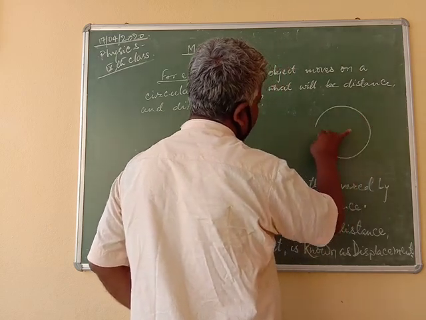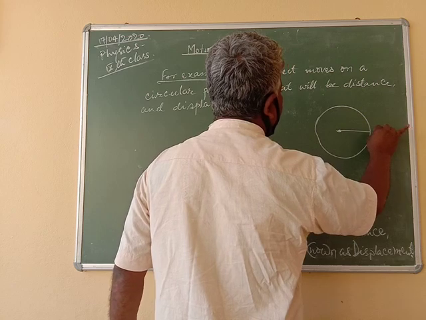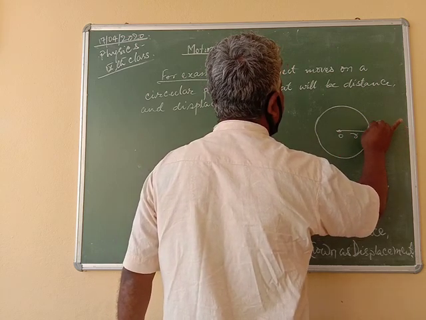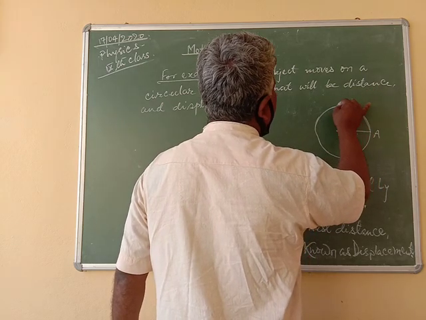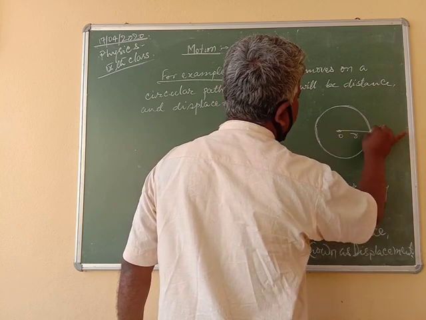Suppose this is the circular path. An object starts from A with respect to time, and suppose it reaches from here or anywhere, and after some time it reaches once again here.